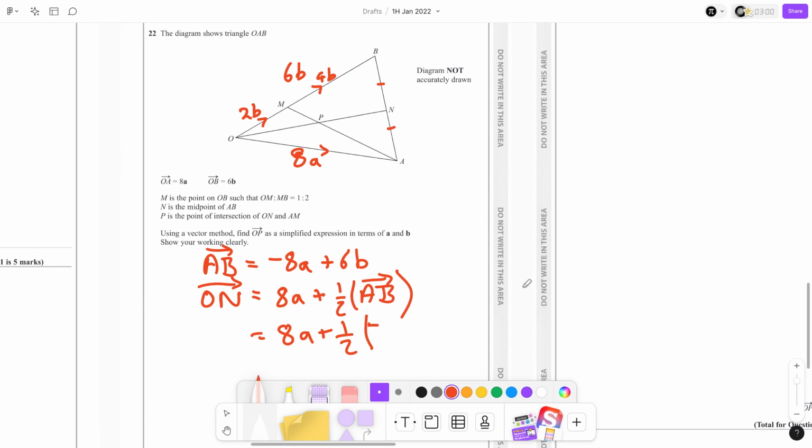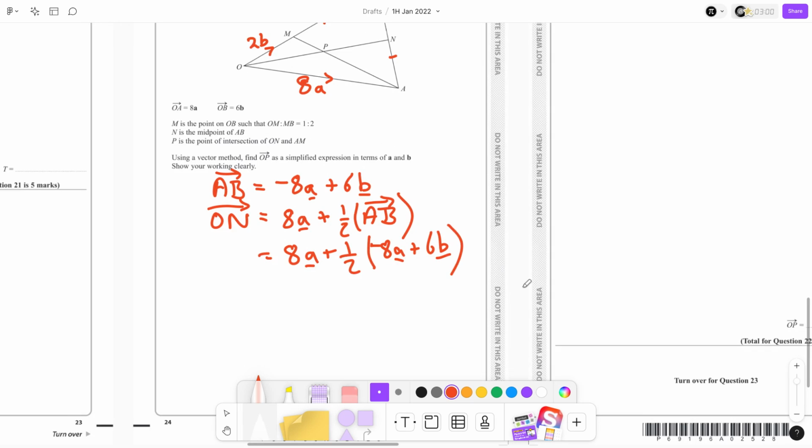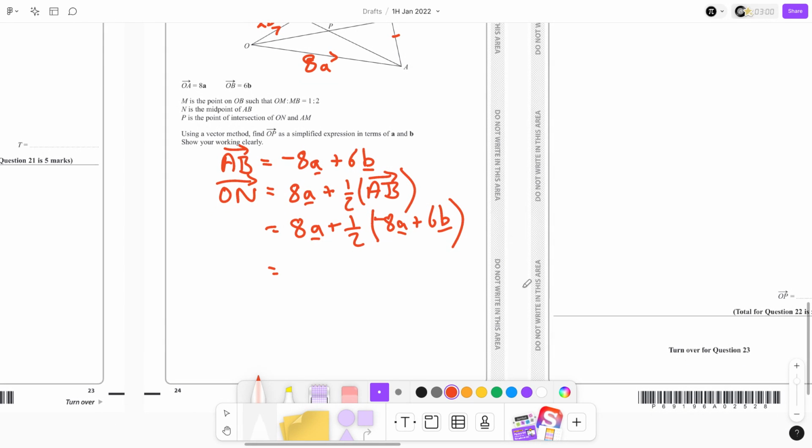Half of minus 8A plus 6B. So ON is, that's 4, so you're left with 4A plus 3B.